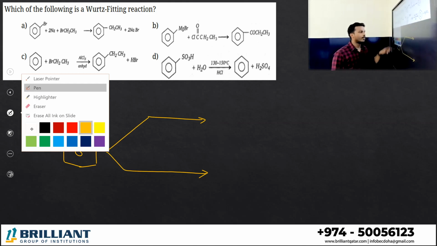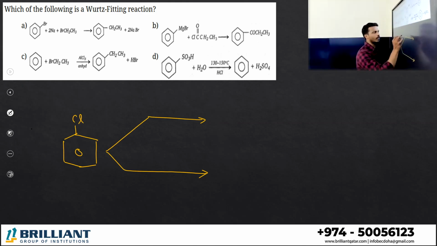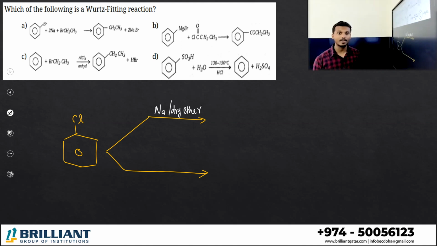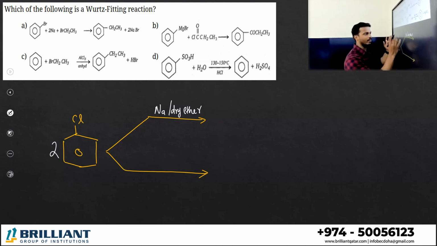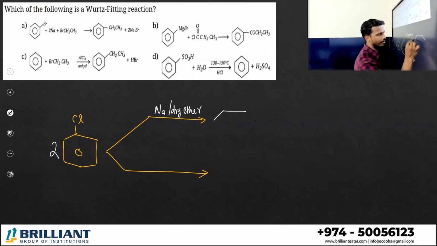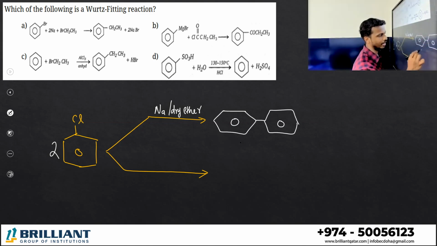You know, Fittig reaction means we will add sodium in presence of dry ether. What will happen if two chlorobenzene are there? When they react together, chlorine is eliminated with the sodium, you will get biphenyl, right? The phenyl groups will join together, biphenyl or diphenyl.